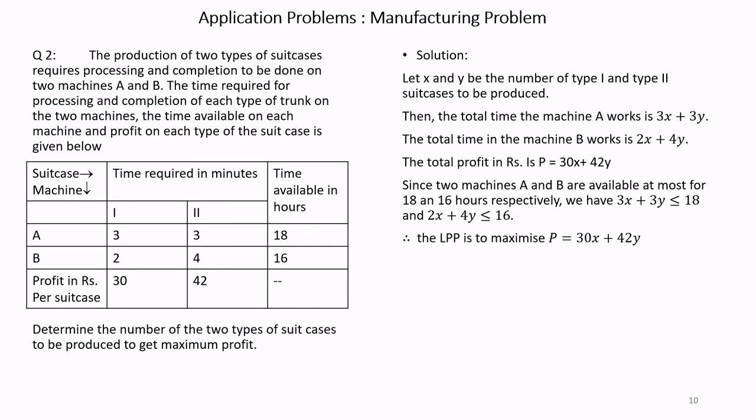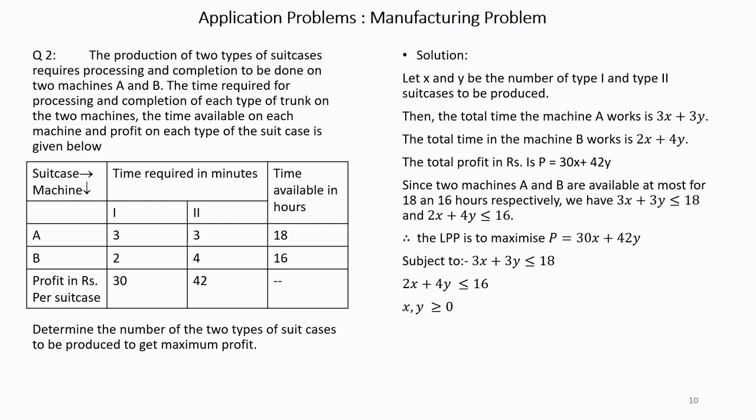Therefore, the linear programming problem is to maximize P equal to 30x plus 42y, subject to the constraints 3x plus 3y less than or equal to 18, 2x plus 4y less than or equal to 16, and x comma y greater than 0. These three constraints are given here.